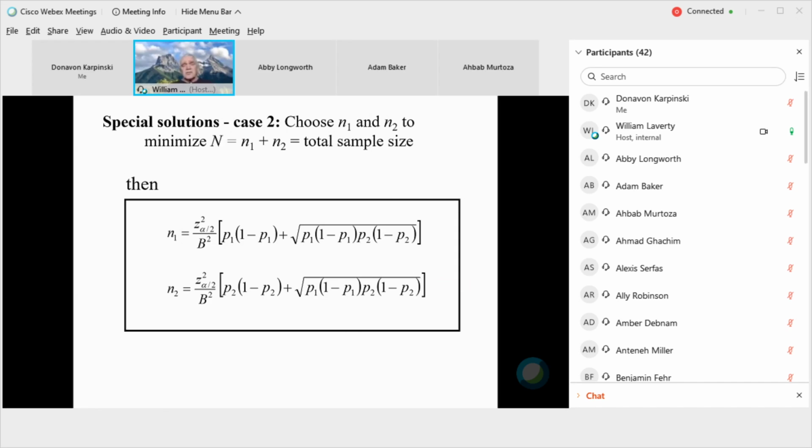This problem is solved using calculus. There's the formulas that give you the sample size required to get an error bound of B, level of confidence 1 minus alpha. It also depends on the total sample size being minimized.